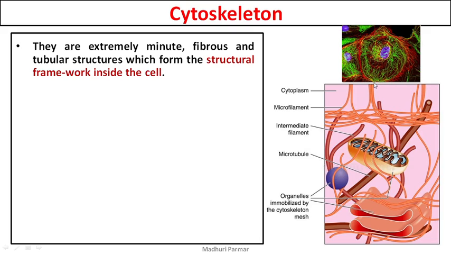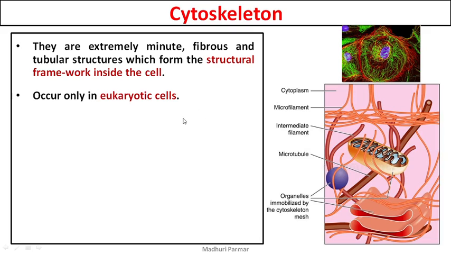Then by the phenomenon of fluorescence, when UV light or light of higher frequency is made to fall on these stained cells, and you look under the microscope, you will see such kind of fluorescence. Then you can find out that this blue colored one is the nucleus, the green colored ones are maybe microtubules, the red colored ones are, let us say, intermediate filaments. So only after development of fluorescence were we able to see the cytoskeleton.